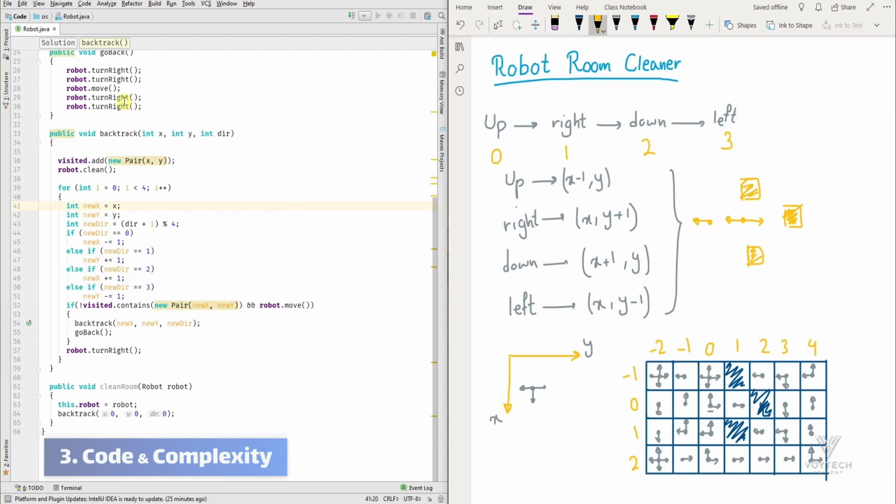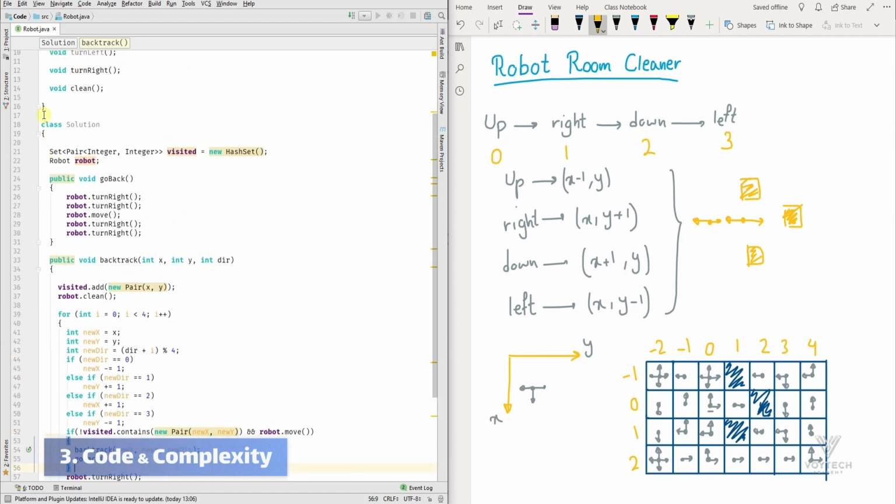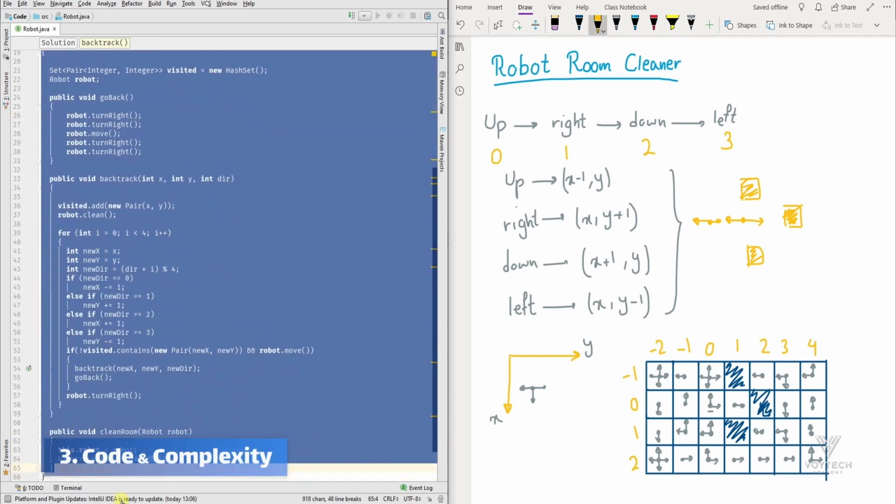So we again call turn right twice, and this will give us the direction which is the prior direction of the robot in the last cell. And at the end of this for loop, we call robot.turnRight for the new direction in order to find the new path. Now let's submit the code into LeetCode.com and see the results.